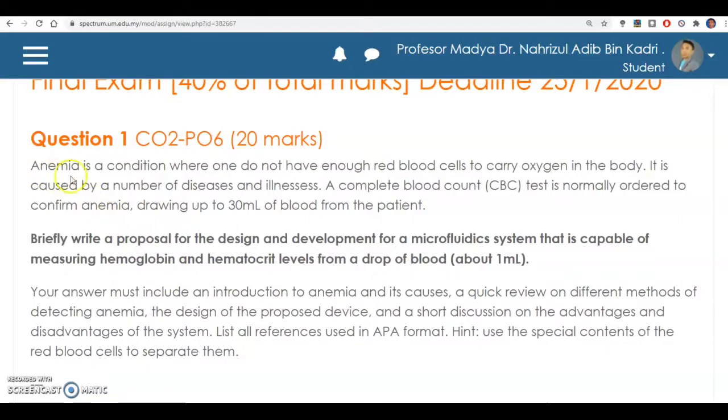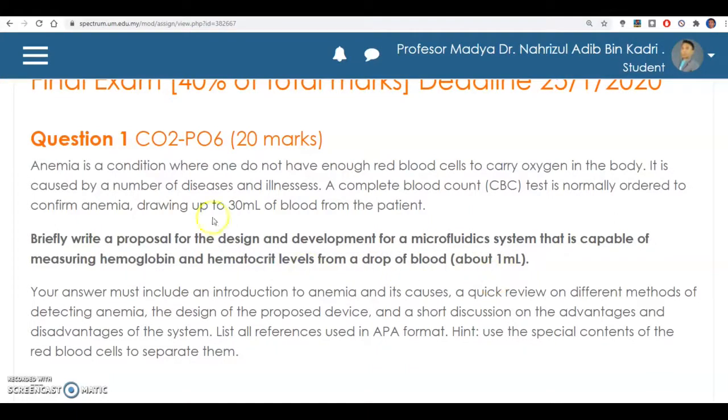about anemia. What I'm asking of you is basically to write a brief proposal for the design and development of a microfluidic system capable of measuring hemoglobin and hematocrit levels from a drop of blood.